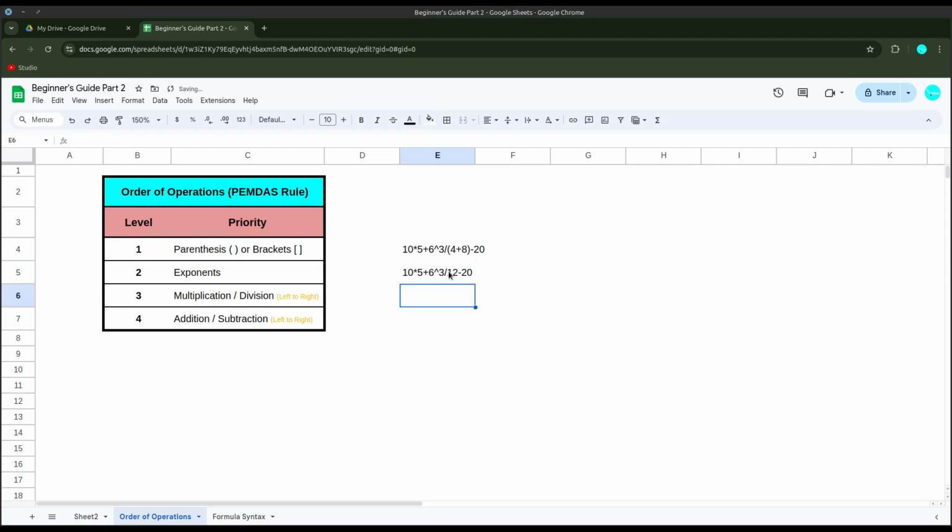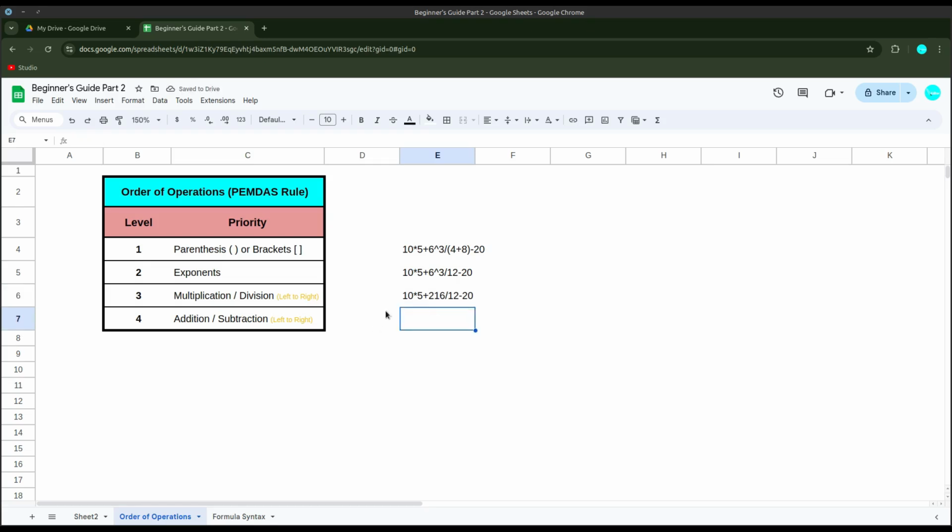Now we have finished level 1, so we switch to level 2, the exponent. Let's type again: 10 times 5 plus 6 times 6 times 6. That makes 216, right? Divided by 12 and minus 20.